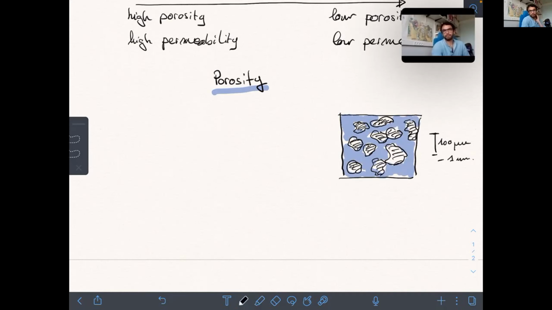So basically the porosity is how much water you can put, or any other fluid, into a given volume of rock. So the definition of porosity, usually we use phi, is the pore volume, so this blue volume, divided by the total volume.